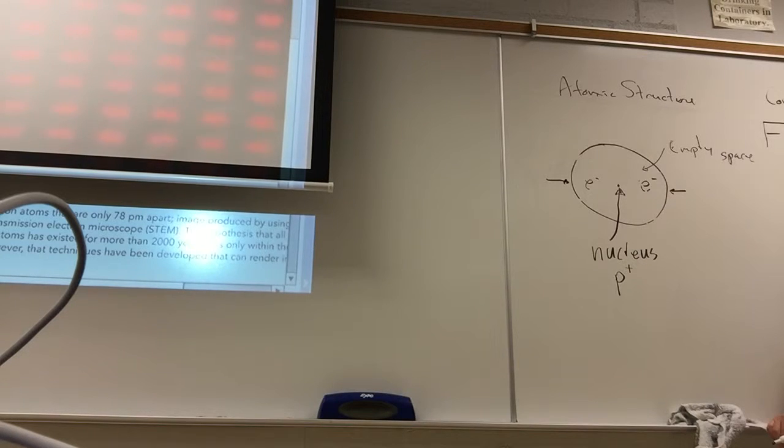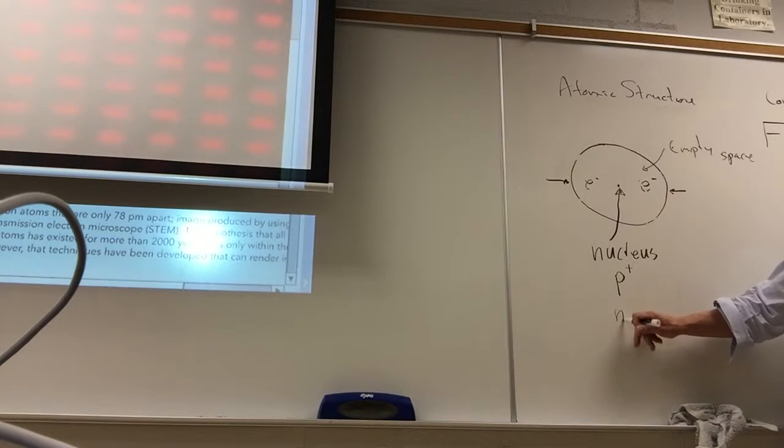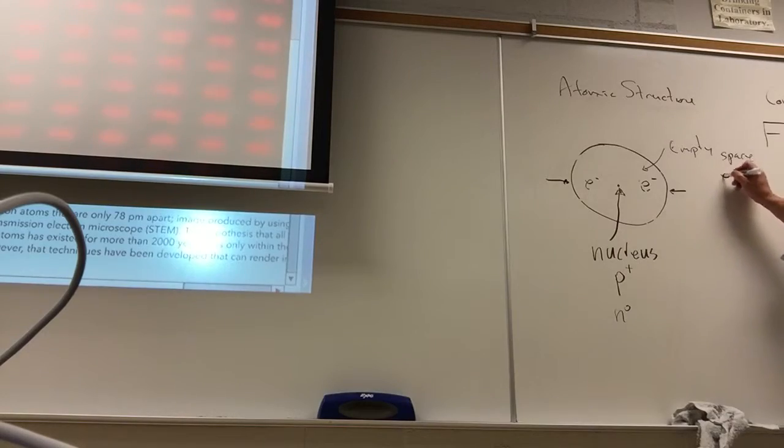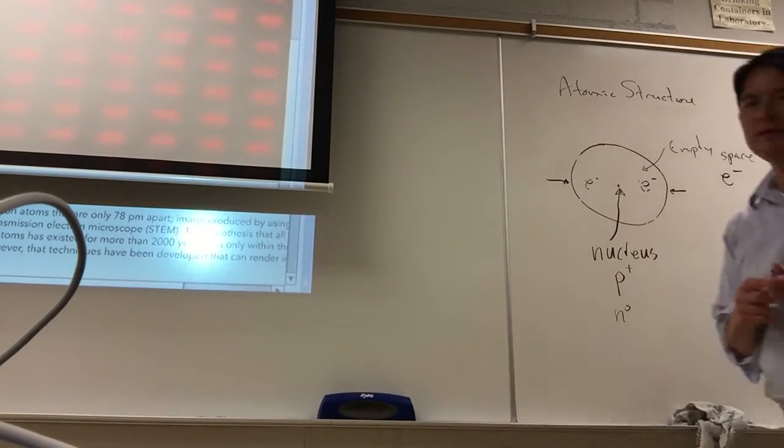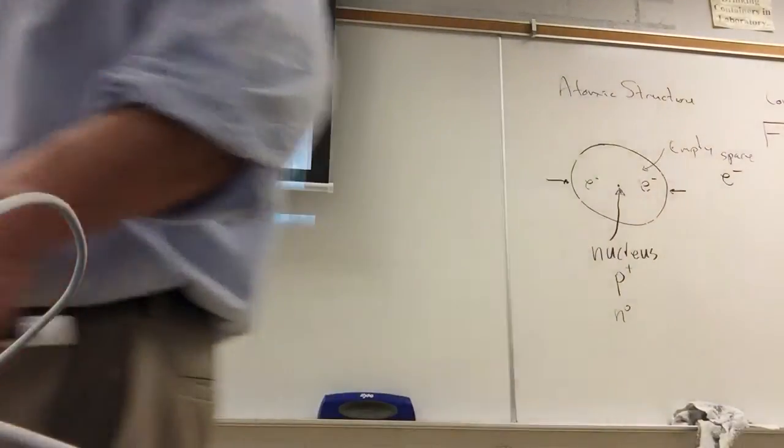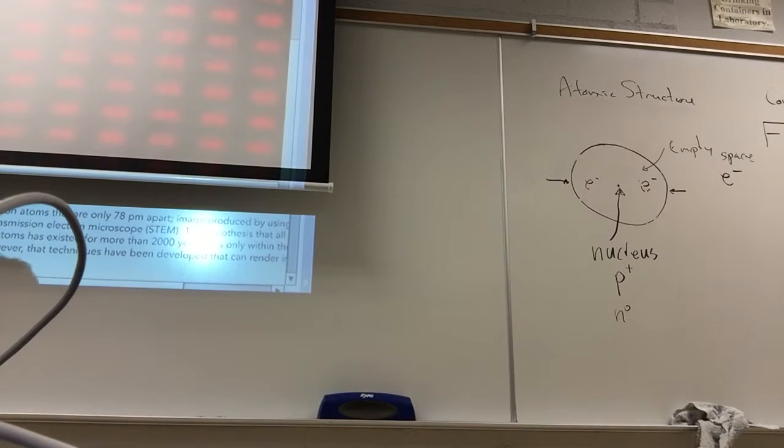What else do you know about atomic structure? The neutrons. The neutrons are found in the nucleus. All right, let's talk about the electrons. We need to do a little bit of a historical review. And who determined, or who kind of discovered the electrons?